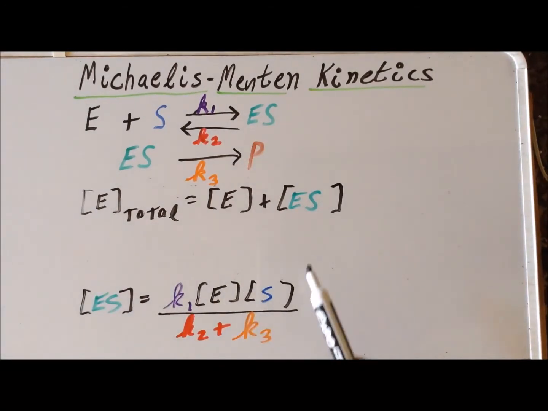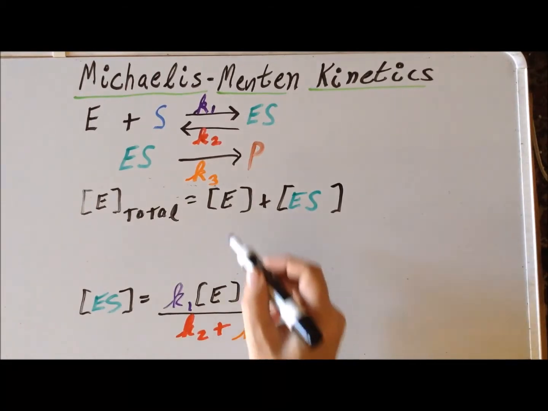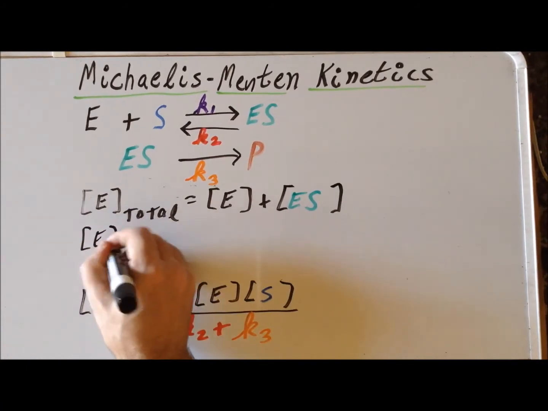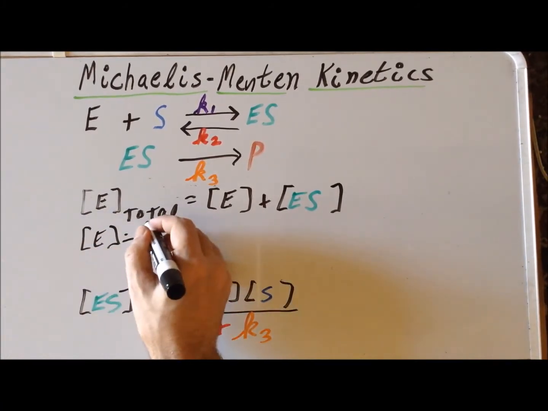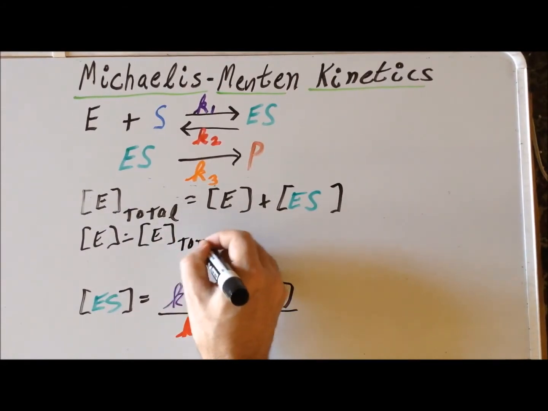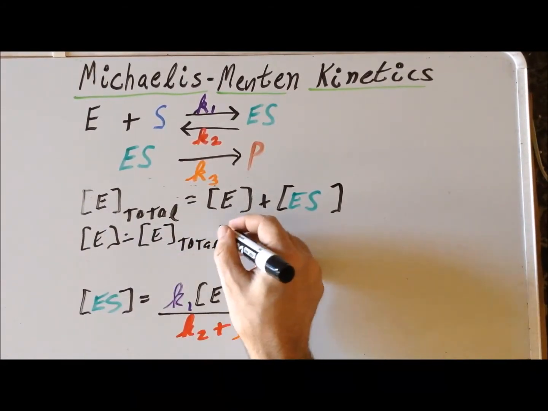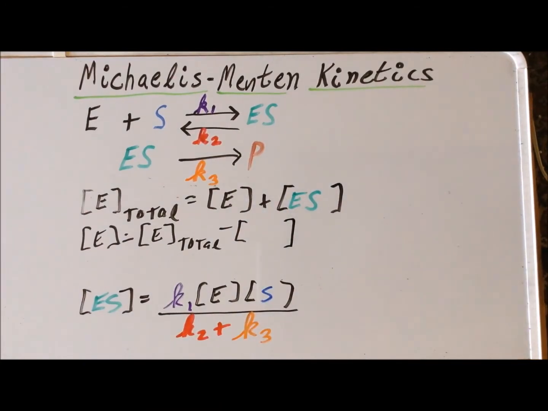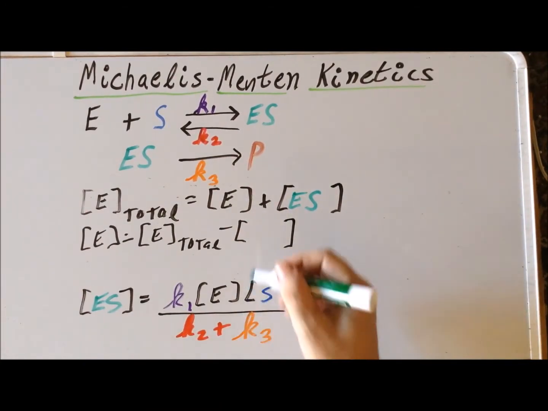We can subtract the concentration of the enzyme-substrate complex from each side to get an expression for the free amount of enzyme, which is going to be the total concentration of enzyme in any form minus the concentration of the enzyme-substrate complex.